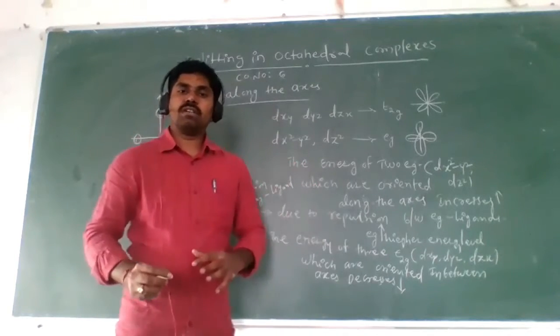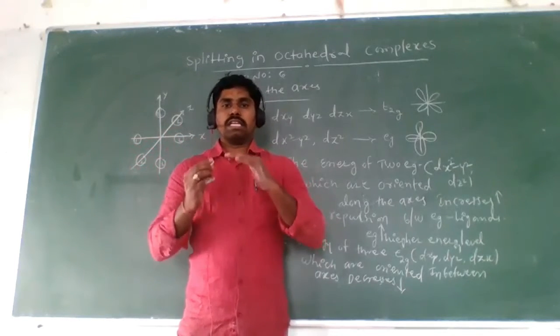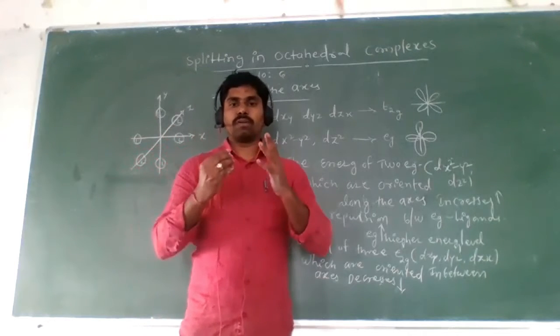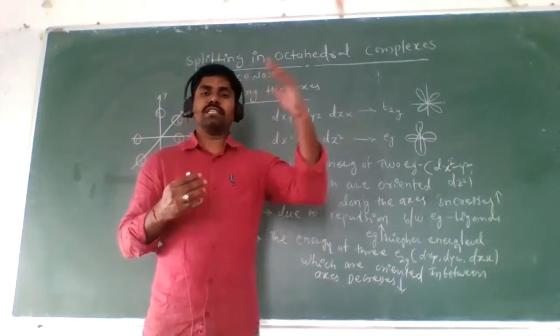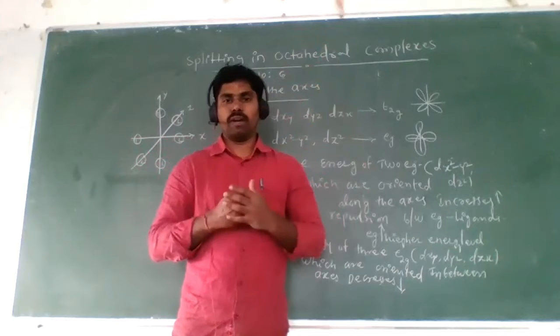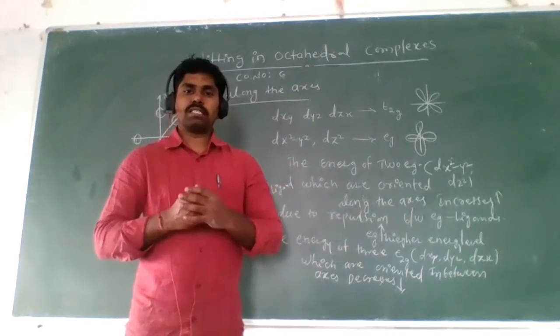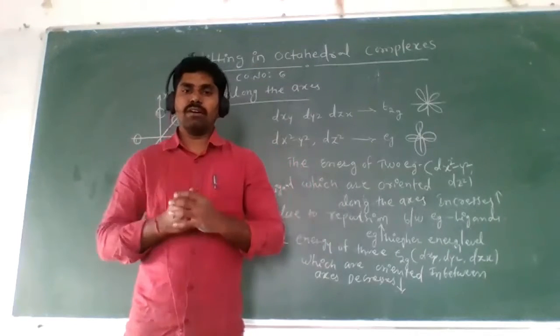When the ligands enter the central metal atom along the axis, among the degenerate orbitals, those oriented along the axis increase in energy and go to the higher energy level. Those which are oriented in between the axes are away from the ligands.